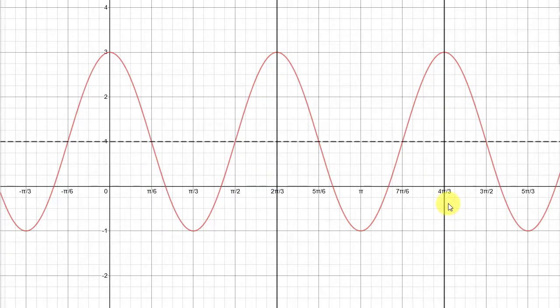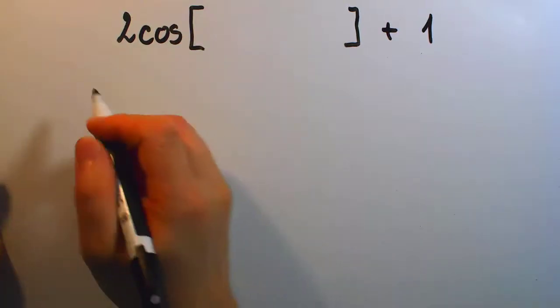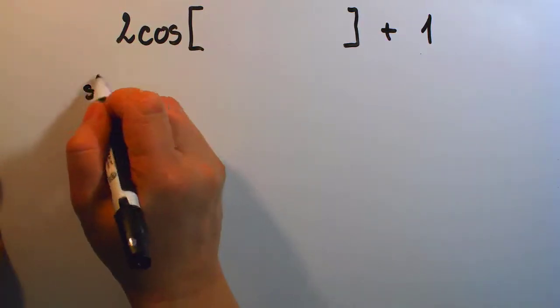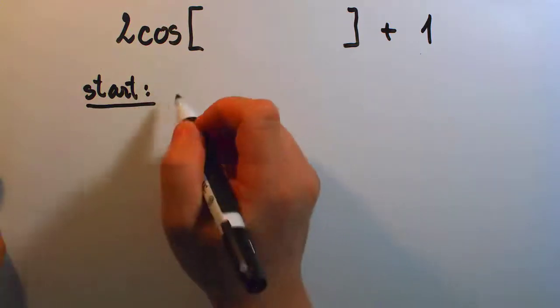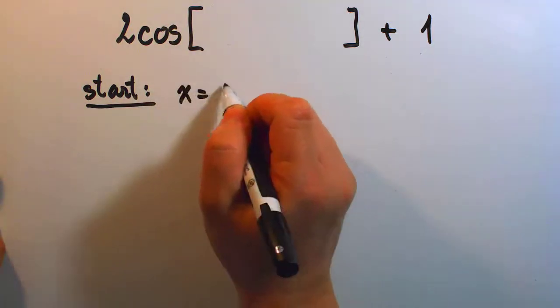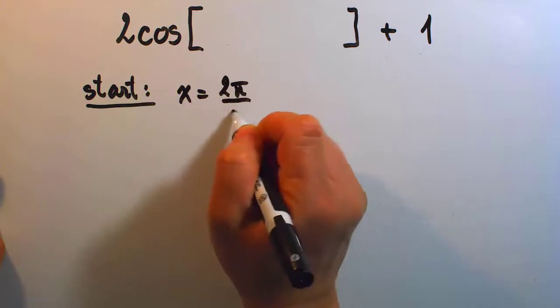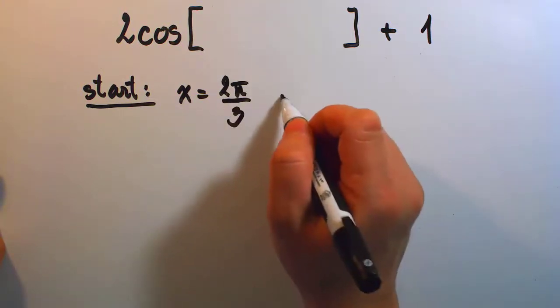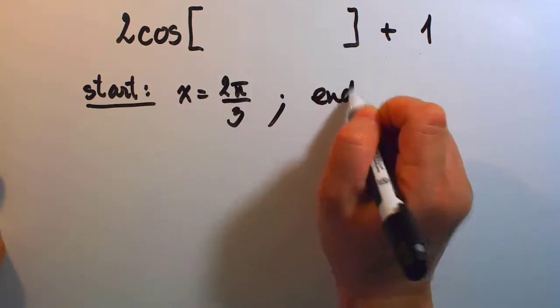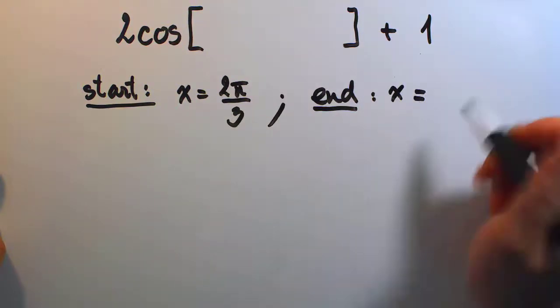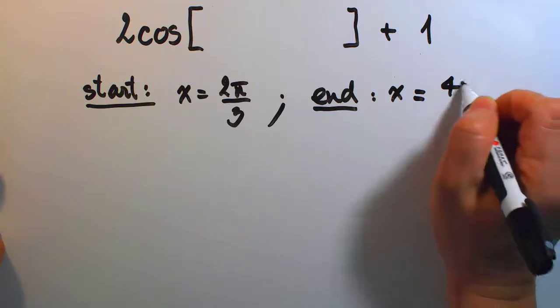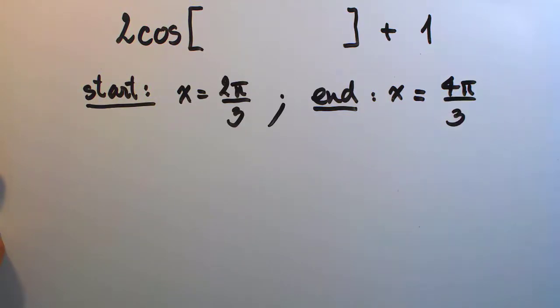And so let's go ahead and write it down. So the start could be chosen from the beginning to be x equals 2 pi over 3, and the end could be chosen right from the beginning to be 4 pi over 3.